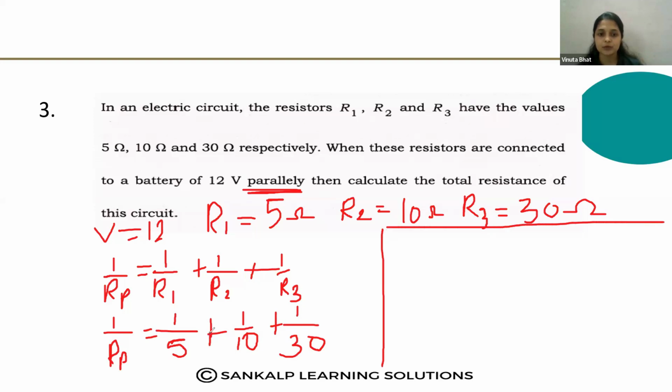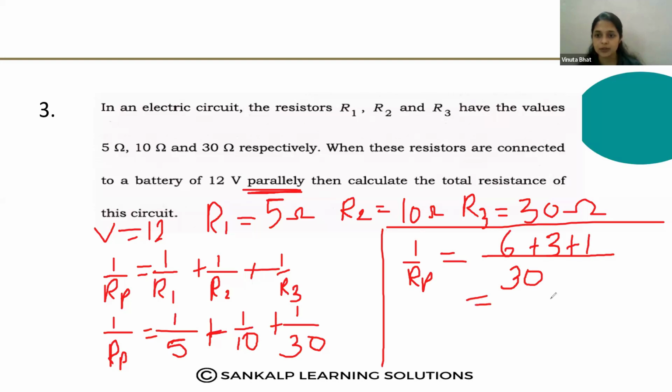So 1 by Rp is equal to, here 30, 10, 5, so LCM that is 30, divided by 6 plus 3 plus 1.